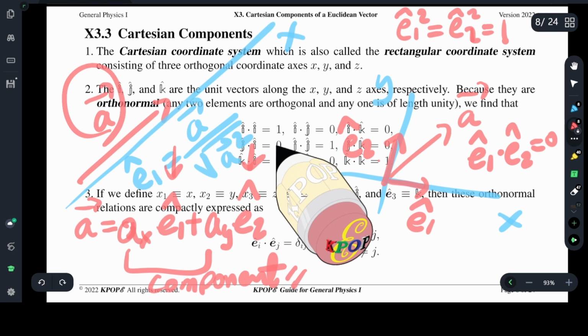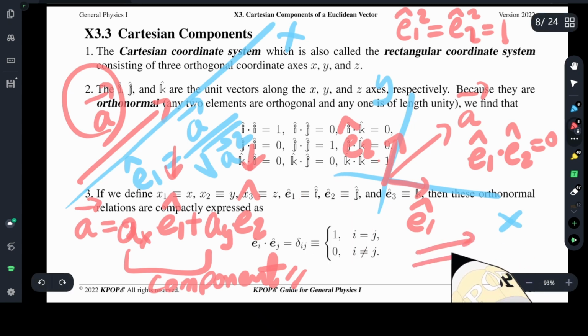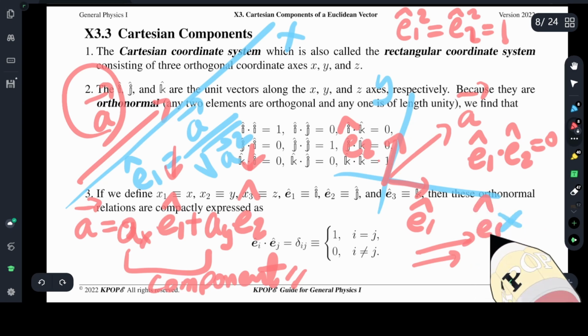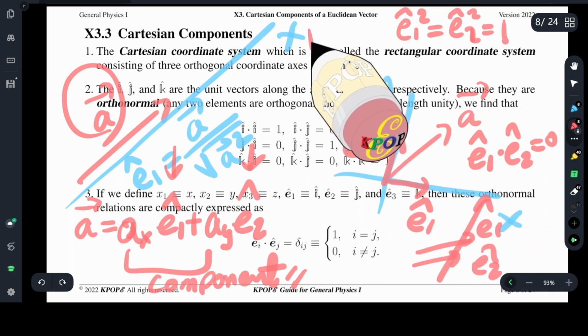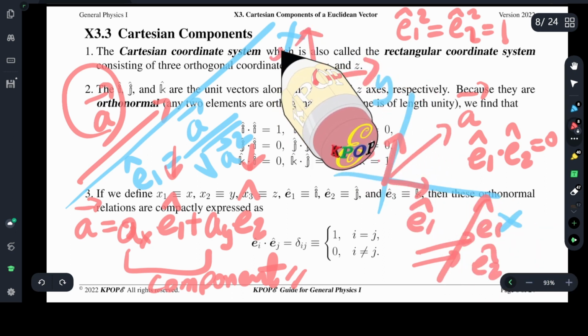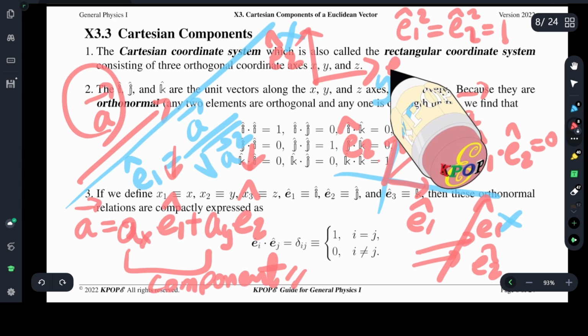A basis vector is a linearly independent vector. Linearly independent means E1 cannot be expressed in terms of E2. Absolutely not, because they are orthogonal.